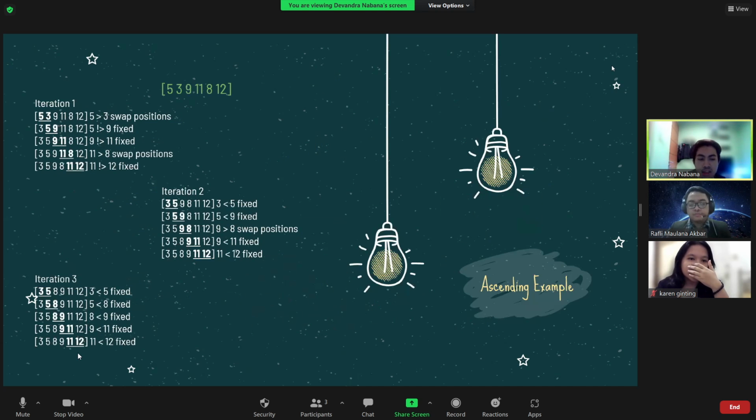Okay, this is ascending. We have three iterations and the array is 5, 3, 9, 11, 8, and 12. In iteration 1, we have 5 and 3. Is 3 bigger than 5?